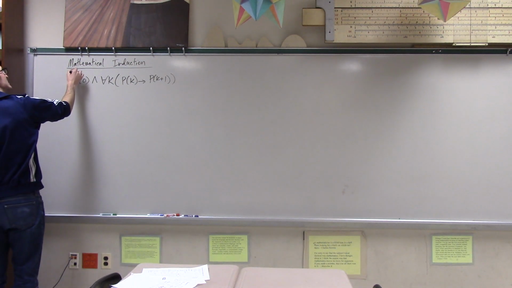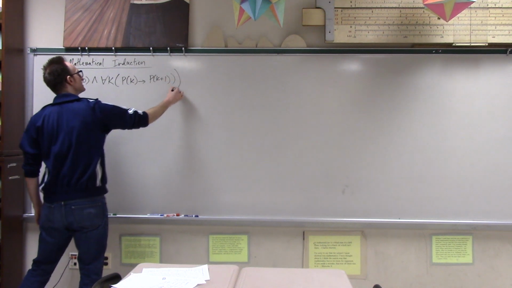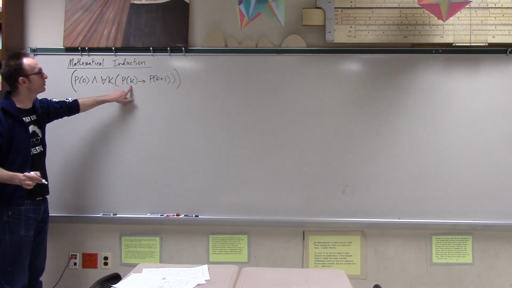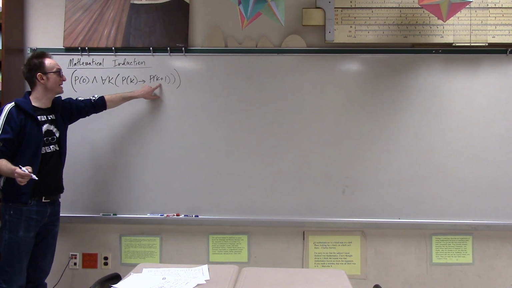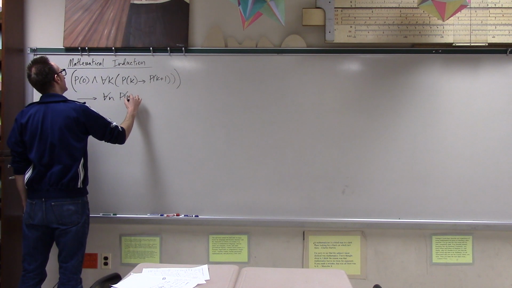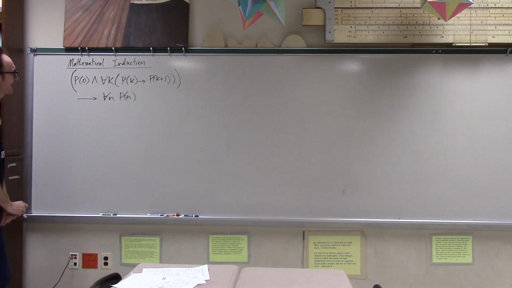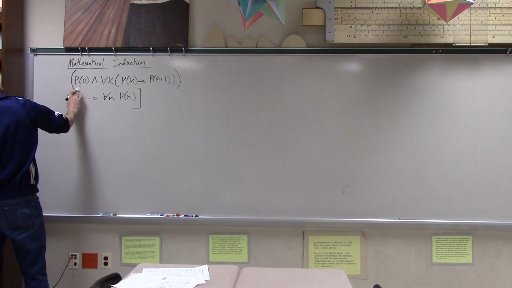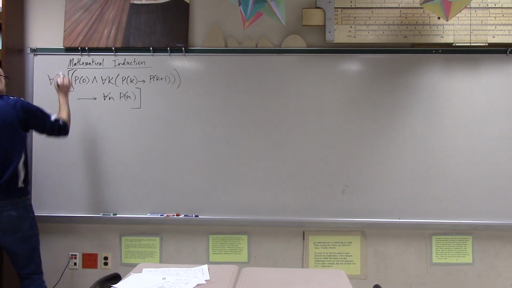If you can show all that, so now I'll put giant parentheses around this, then if it's true of 0, and whenever it's true of a number it's true of the next number, then in fact it must be true for all numbers. And this is actually true for all possible properties.